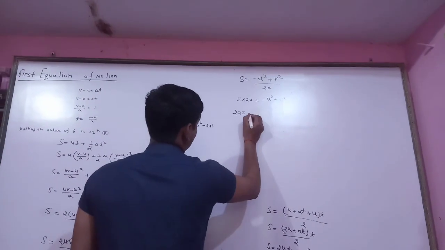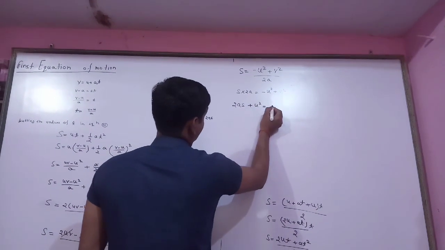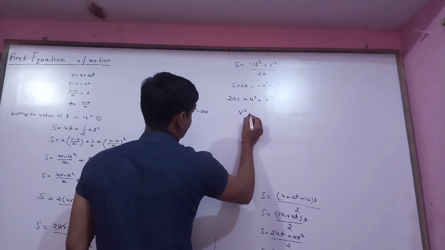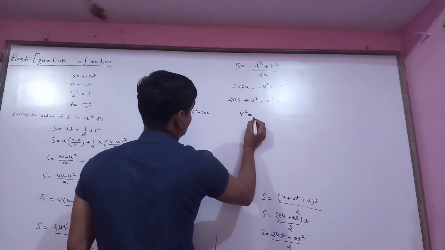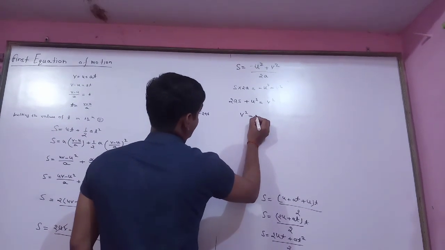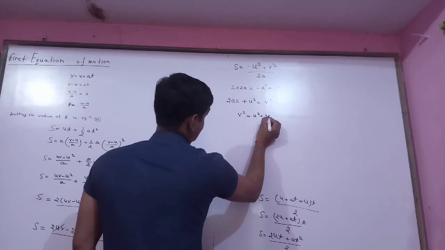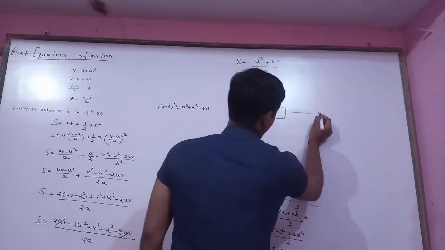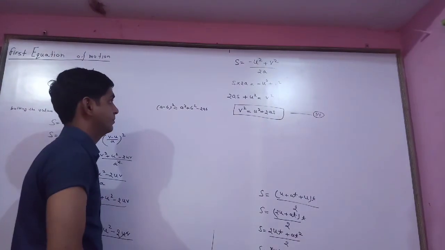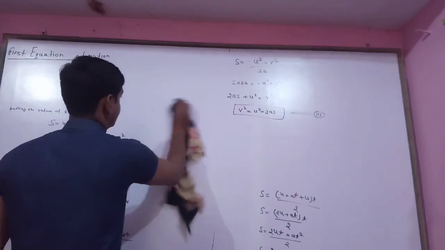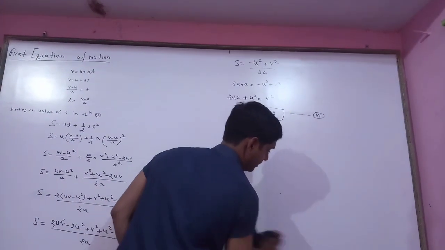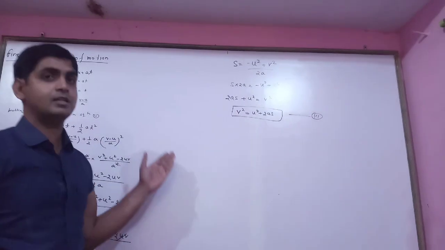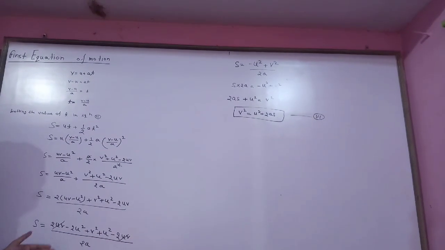Changing the side of minus u square gives plus u square. This term is written as v square is equal to u square plus 2as. This is the third equation of motion.